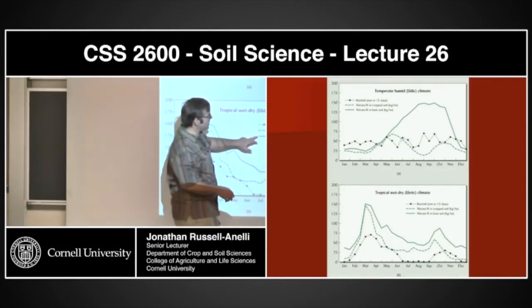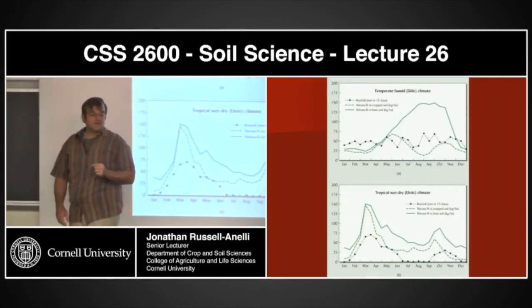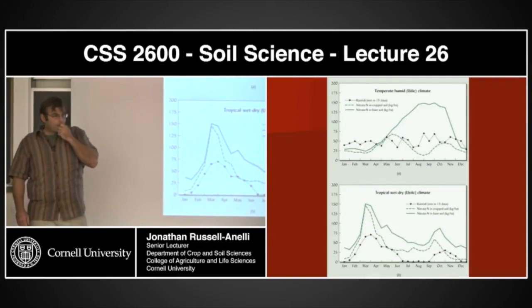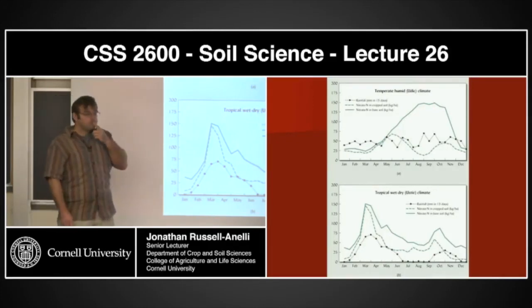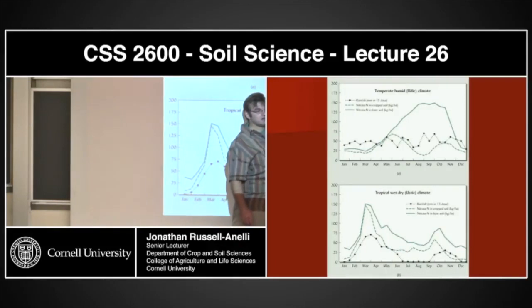But notice what happens in the bare soil. What happens to the nitrate N in the bare soil? Goes up. Why? There's nothing being removed from the system, but if there's nothing being removed, you probably should have a nice flat line.